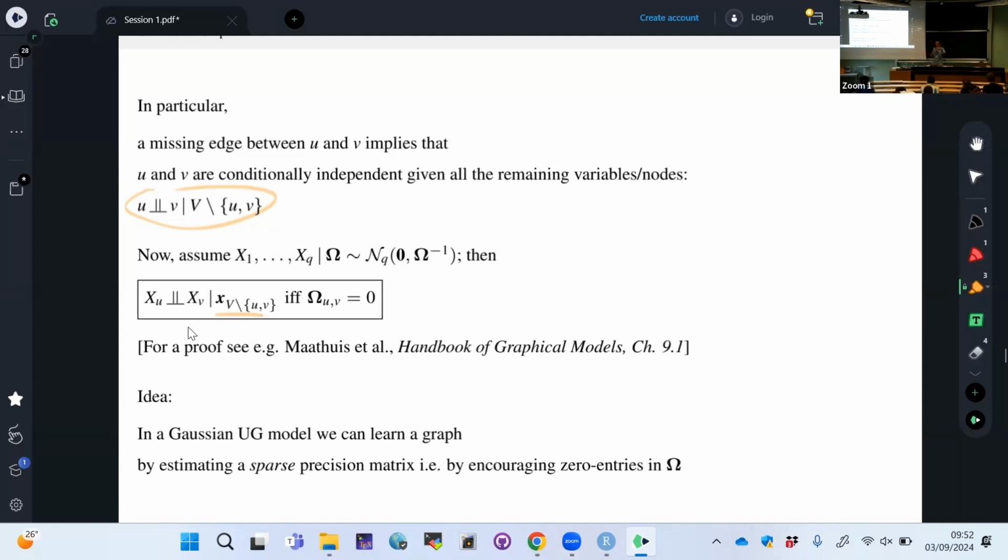And whenever we find a 0 entry in omega, by applying some kind of statistical methodology, then we can say that there is a missing edge between U and V in the graph. Equivalently, graph estimation can be performed through sparse precision matrix estimation, that is, by encouraging 0 entries in the precision matrix.